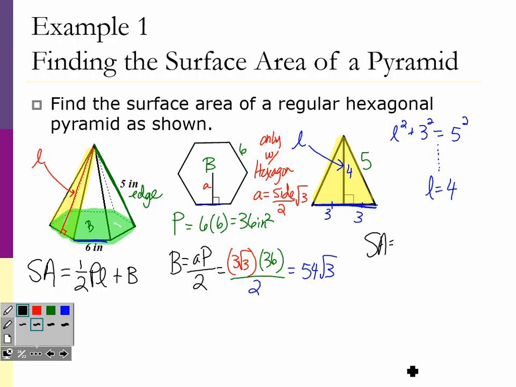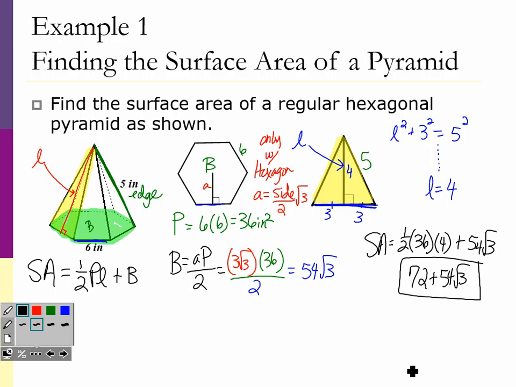So all I'm doing now is plugging it into the formula. Surface area is 1/2 my 36, which was the perimeter, my 4, which is the slant height, plus my B, which was 54 square root of 3. Okay? So if I simplify this, half of 36 times 4 leaves me with 72 plus 54 root 3.